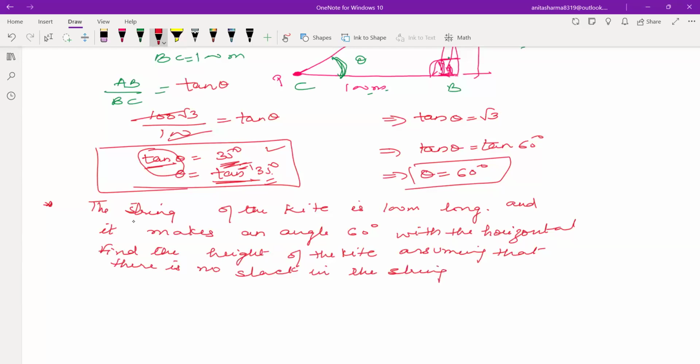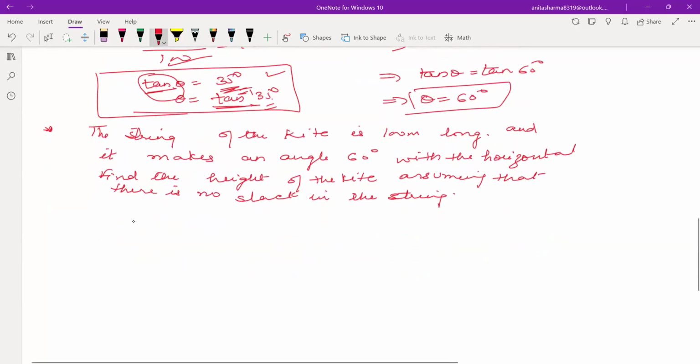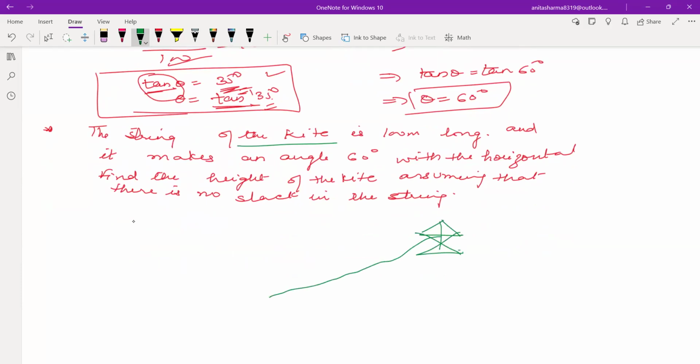So beta, in solving these types of questions, first of all you have to draw the figure, because trigonometry is a game of figures only. So see, the kite is in the sky. It will fly like this, beta.